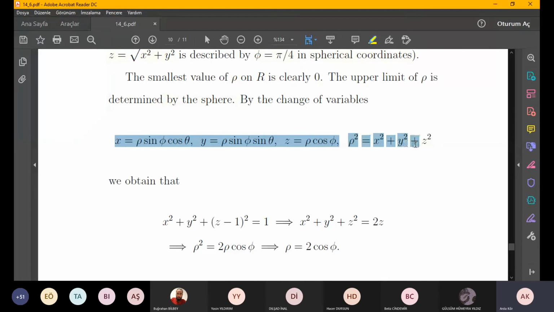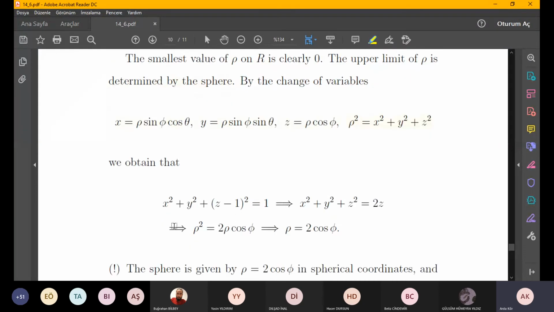To find the upper limit, we need to compute the equation of the sphere by this change of variables.